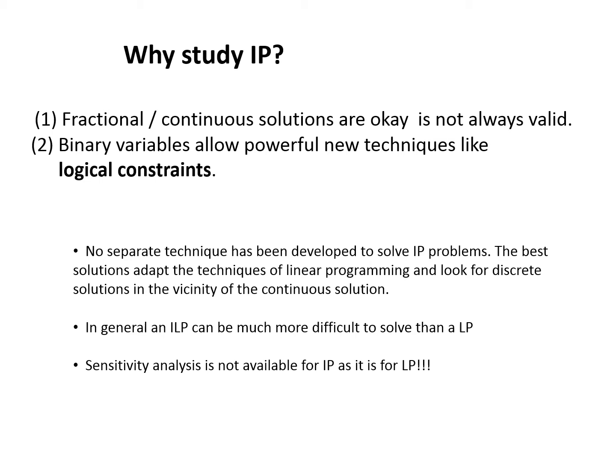So if you can avoid using integer variables, it's better in general. In practice, the fewer the better. Having just a few integer decision variables in your formulation is better than having all of them be integers.